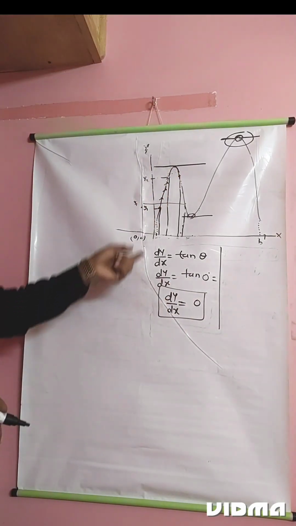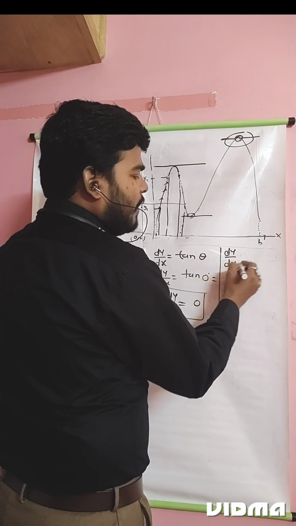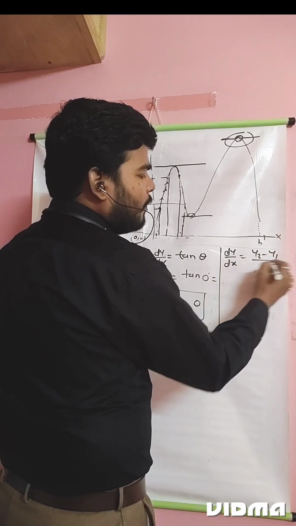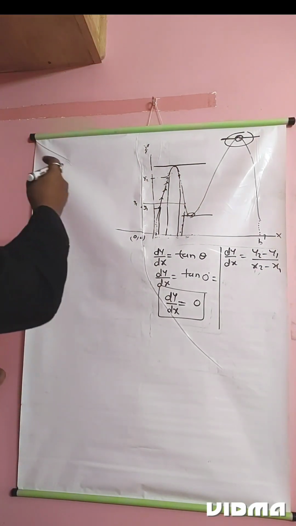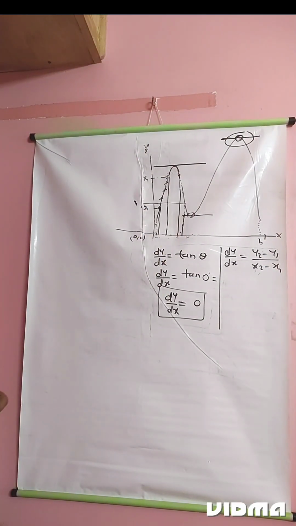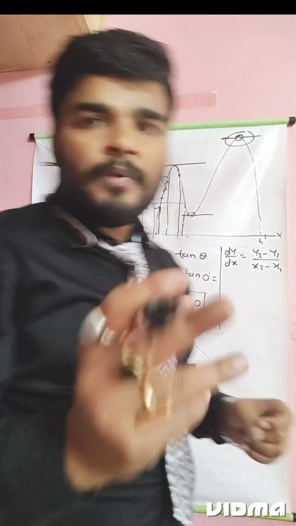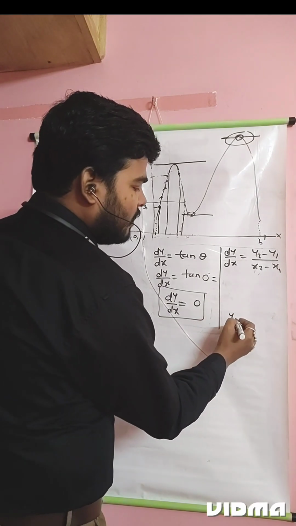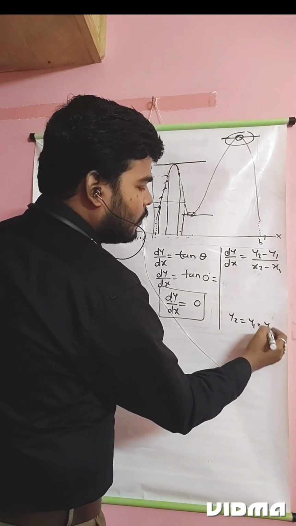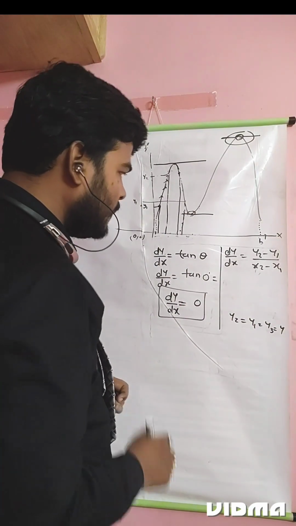We can prove it by another method. The slope is represented by dy by dx equal to (y2 minus y1) upon (x2 minus x1). For a line parallel to the x-axis, y is equal to c. That means the value of y is constant, so y2 is equal to y1 is equal to y3. All the values are the same.